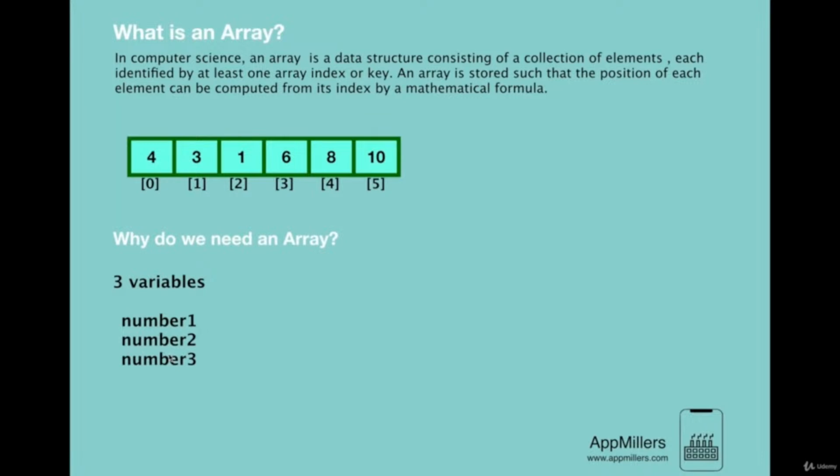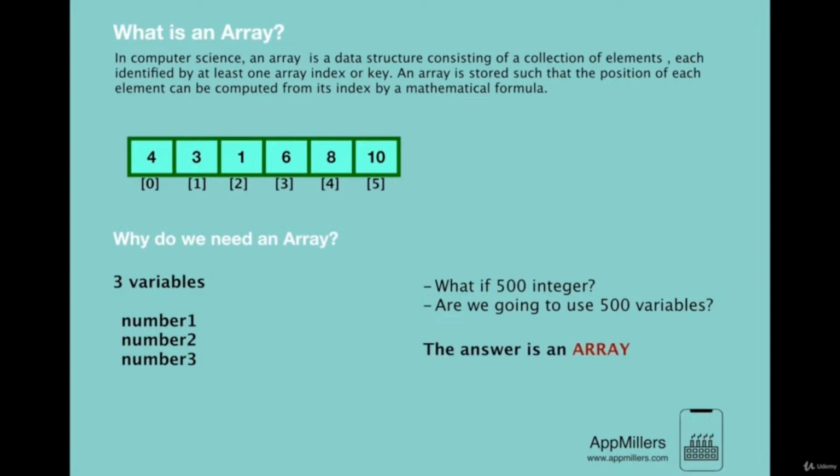Now let's assume we have to store 500 integer numbers. Are we going to declare 500 variables? Of course not. To handle such a situation, almost all programming languages provide a concept called array. An array is a data structure which can store a fixed size collection of elements of the same data type.